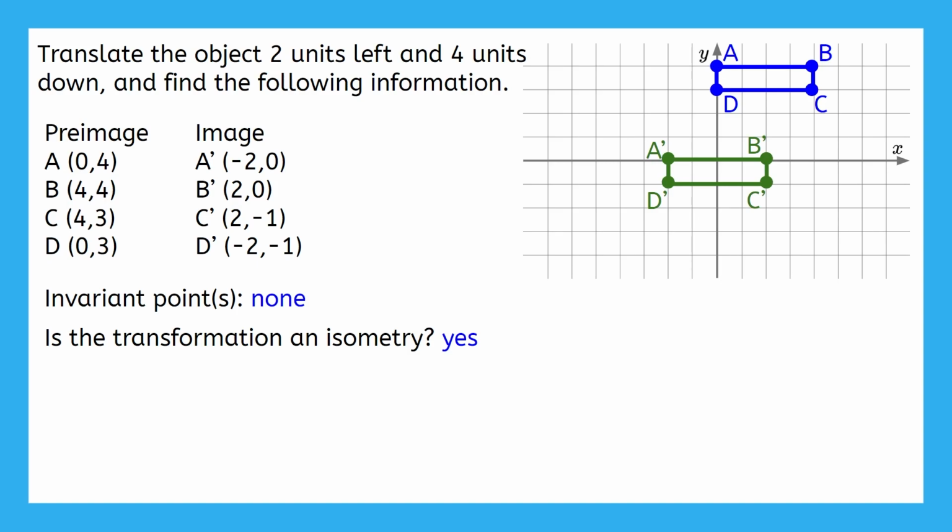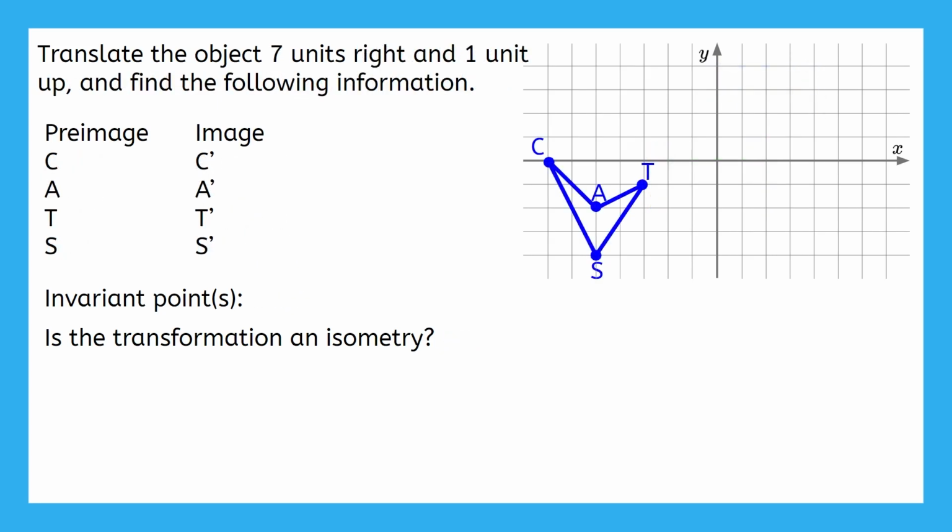All translations keep the same shape and size as the original. So we can safely say in this lesson that all translations are isometries. So we've answered all parts of the question now. Now's a great time to go back to any parts of this video if you need clarification. Also, make sure your notes are looking great before moving on.